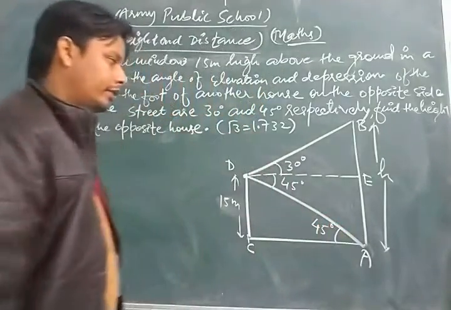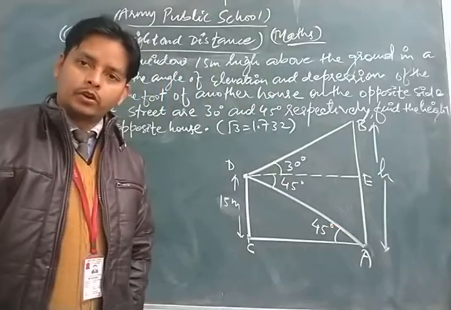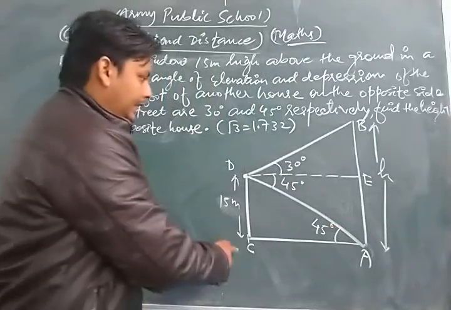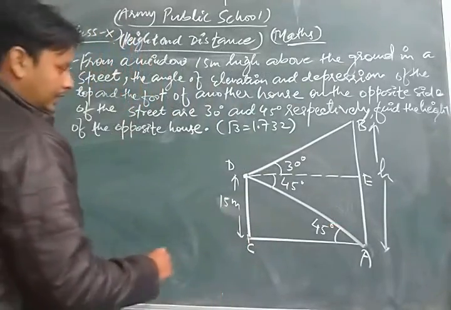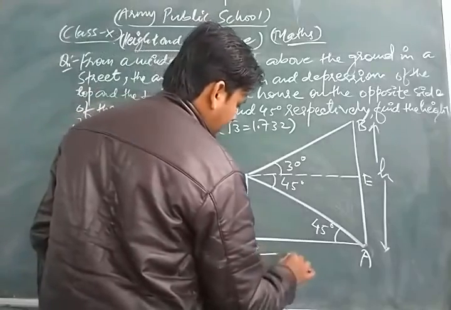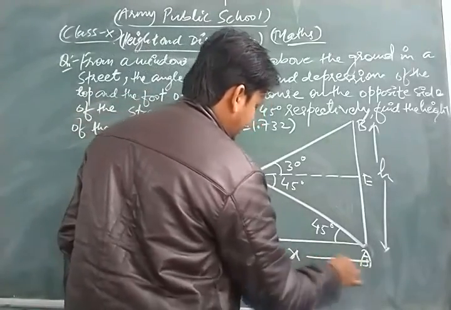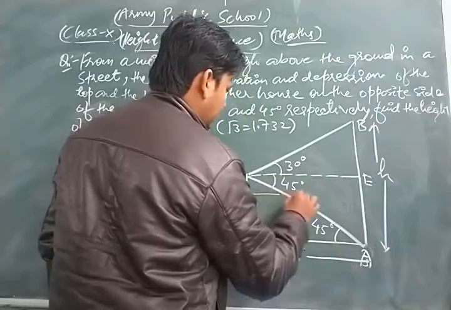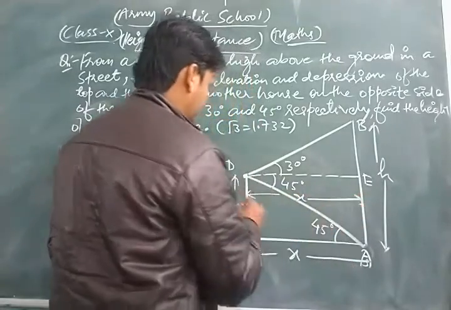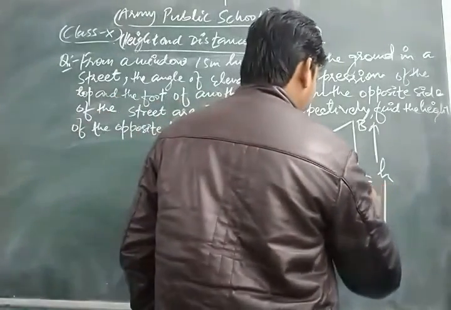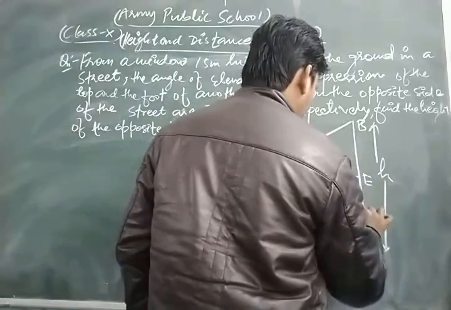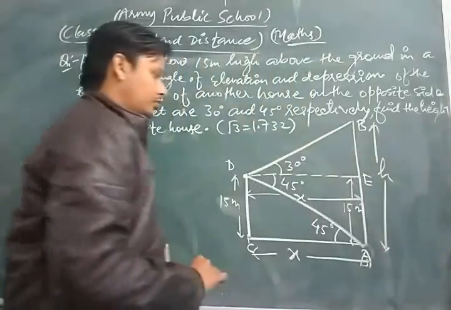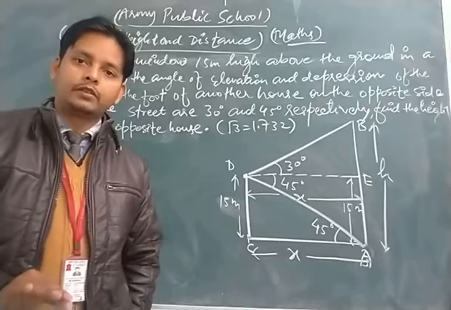Now CD is equal to AE from the figure, and let us take AC equal to X meter. AC is the same as DE, and this is also equal to X, and CD is also equal to 15 meters. So this is the required figure.